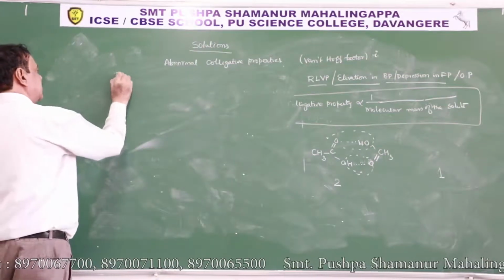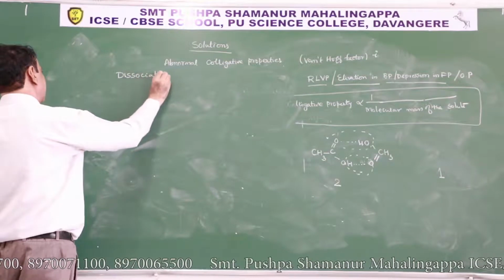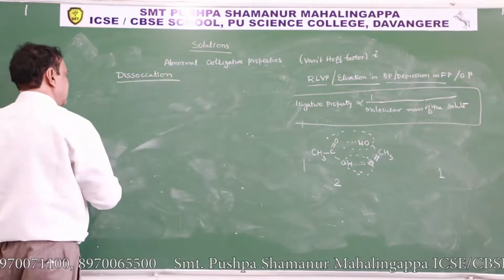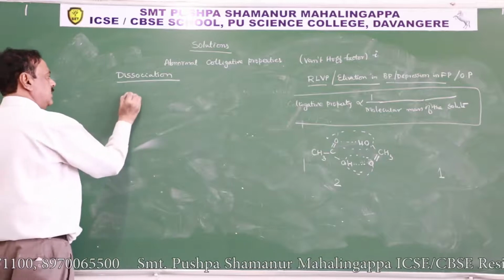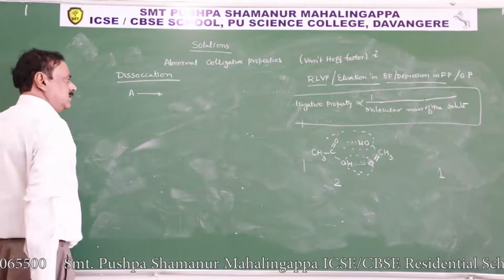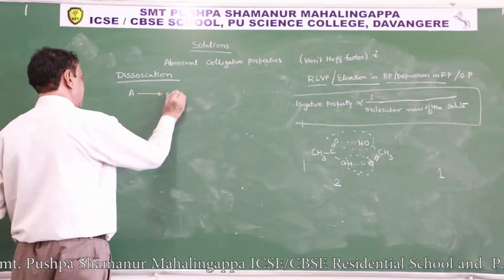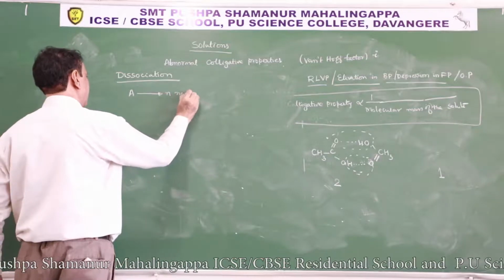in case of dissociation, for example, A gives rise to n number of particles.